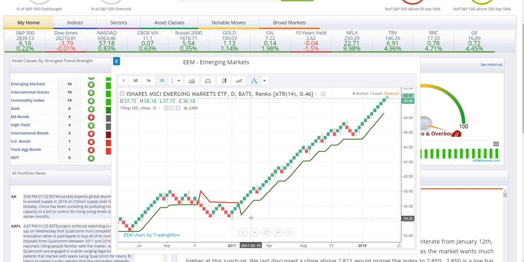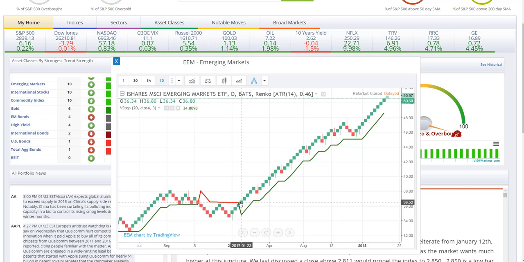Now, what I do for this basic concept, I use an additional qualifier on top of the Renko, which is the volatility stop or the average true range stop, which is the green line and the red line. Once the Renko breaks above the average true range stop, that is to be perceived as a buy signal.